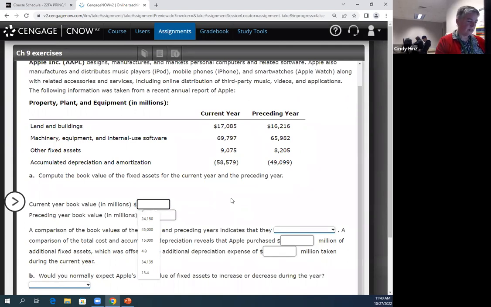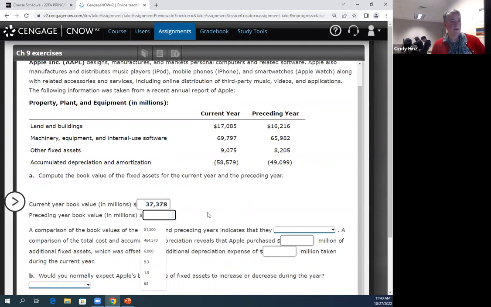So 17,085 plus 69,797 and 9,075. Then subtract the accumulated amortization, and I got a book value of 37,378 million.